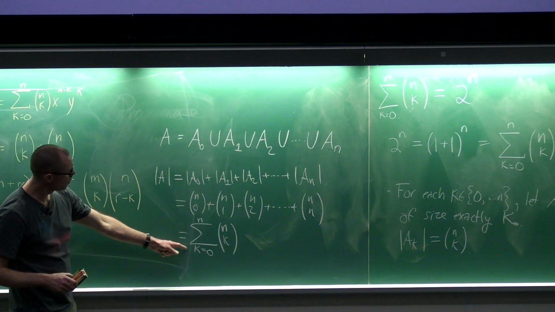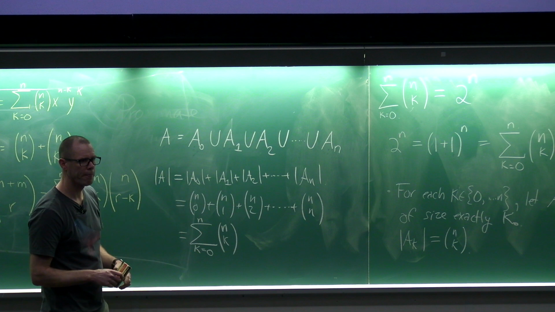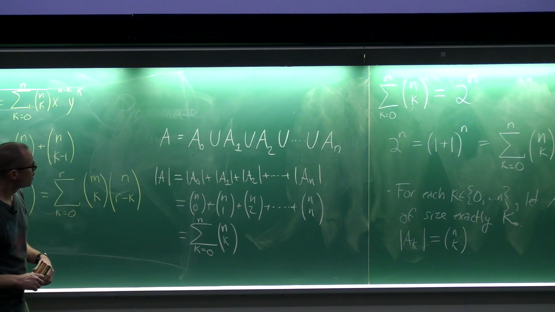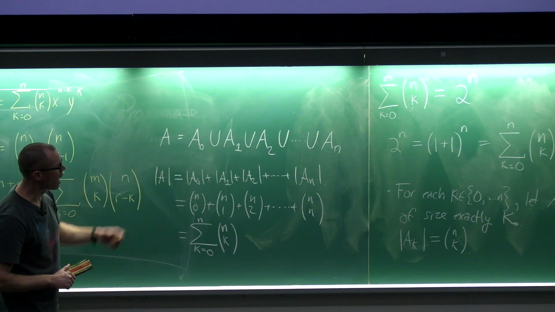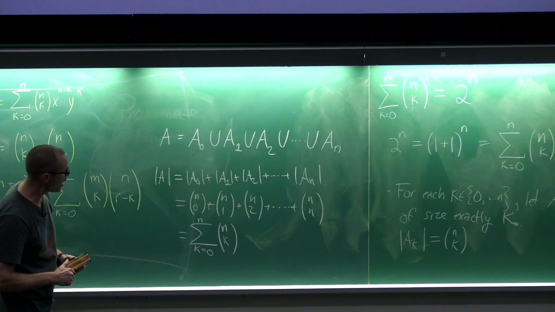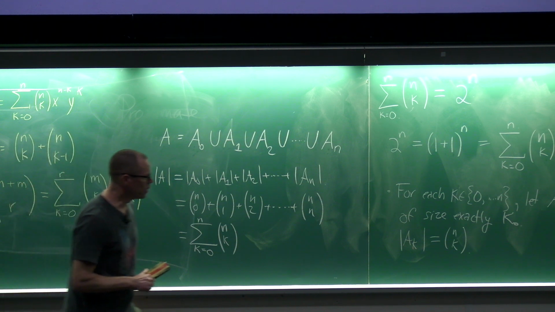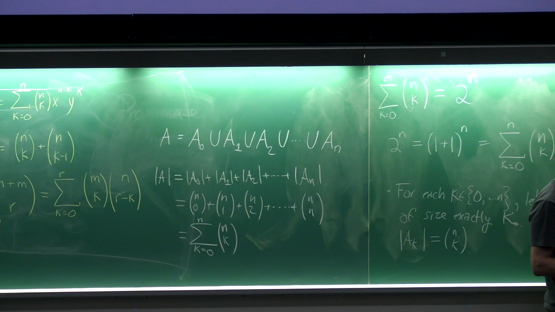That's just the sum, k running from 0 to n of n choose k. So we have this set A, which is the power set of S, a set of size n. We determined from previously that the size of A is 2 to the n.